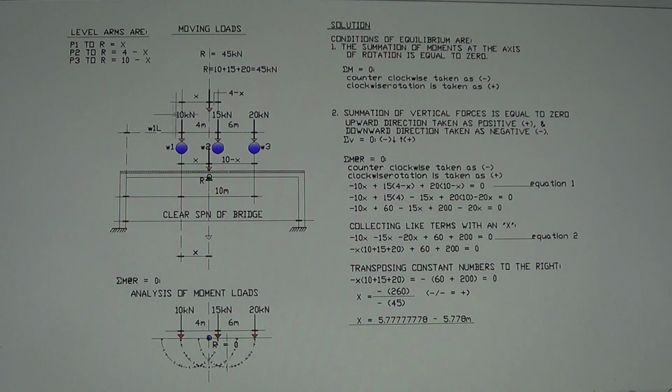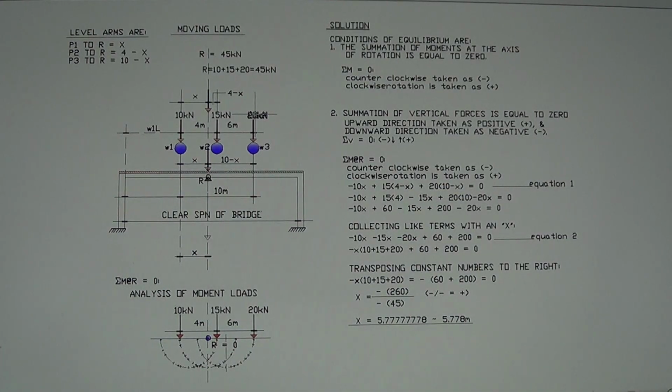Now when you take the moment, the 10 is a counterclockwise rotation based on the moment right here, and this 15 kilonewton will rotate in a clockwise rotation, as well as the 20 kilonewton.